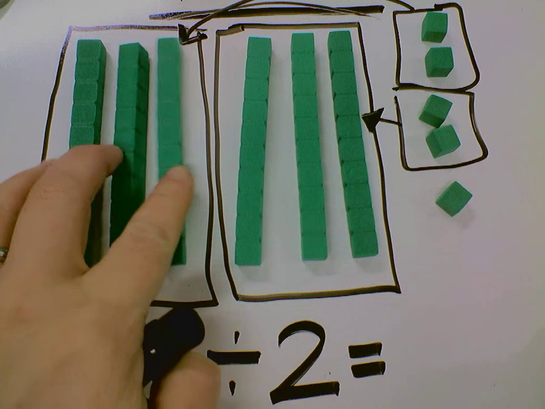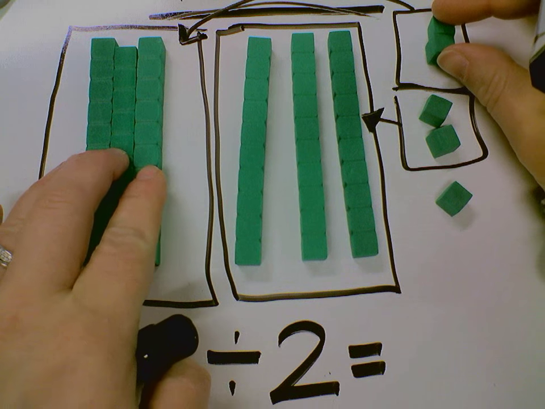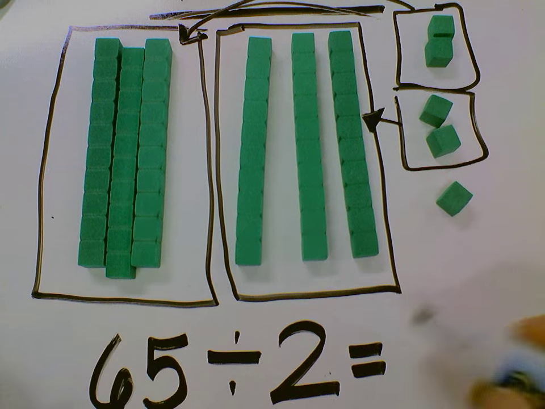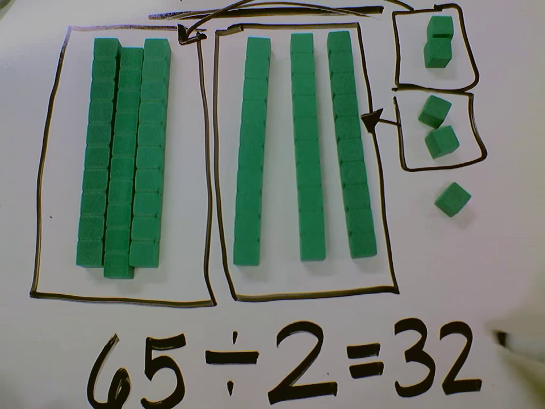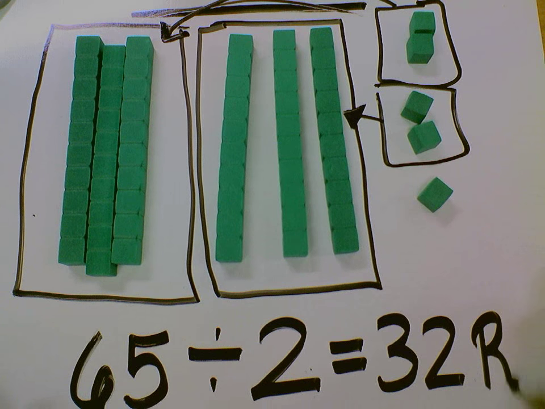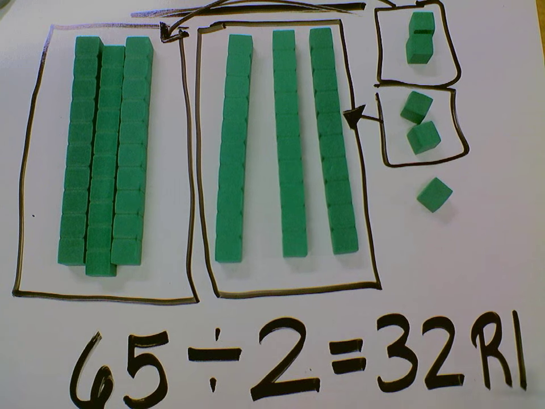I did end up with 3 tens and 2 ones in each group, so that equals 32. Then I had 1 left over, and that we know is called a remainder, and we show it with an R1. So this division equation is 65 divided by 2 equals 32, remainder 1.